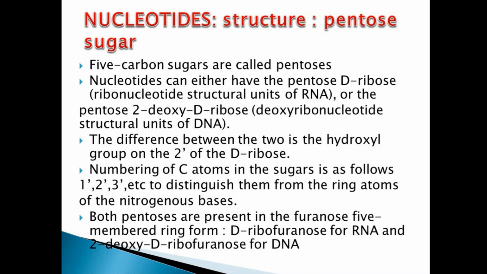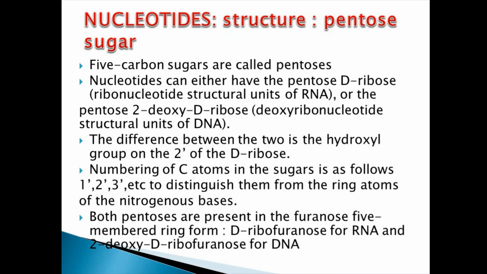So that's the main difference between your ribose sugar and your deoxyribose sugar. You can tell whether a structure is a ribonucleotide or a deoxyribonucleotide, DNA or RNA, by the type of sugar it contains. If they contain ribose sugars, they are RNA.